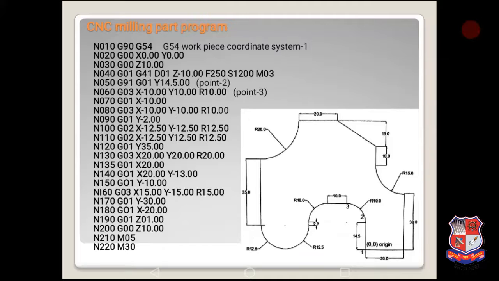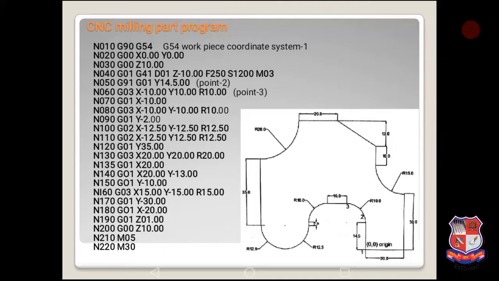We have to move the cutter from left to right because number 1 is given at the origin, the second number is in the upward direction but on the left, and the third number is also on the left. It pressurizes us to use the compensation command G41, that is compensation in left.